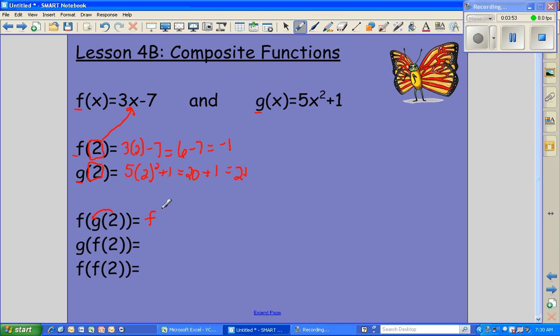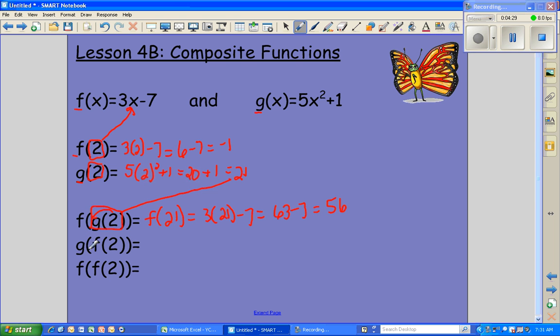So this would be the same thing as f of 21, because that's what g of 2 is. And then f of 21 would be 3 times 21 minus 7, which is 63 minus 7, which is 56. So we would say f of g of 2 is 56. You got the g of 2, and you took that answer and plugged it into the f function.